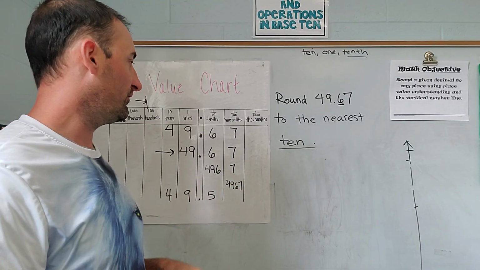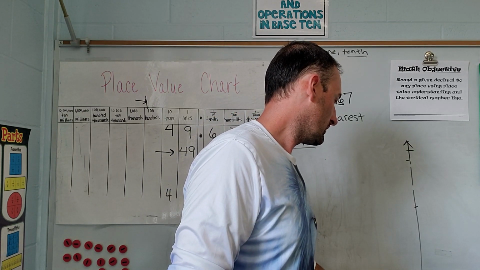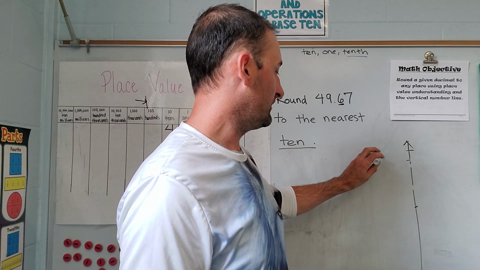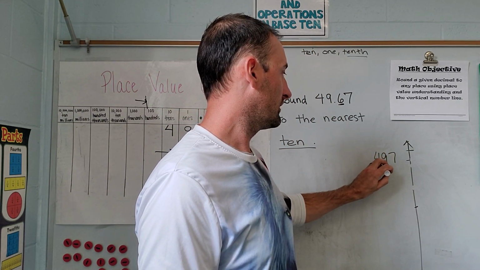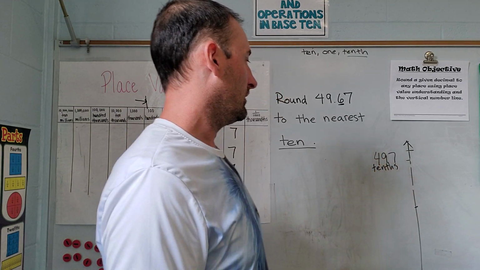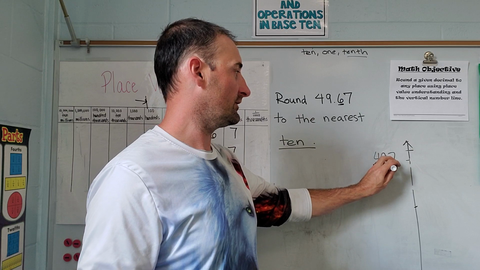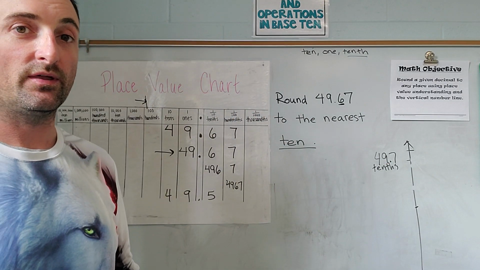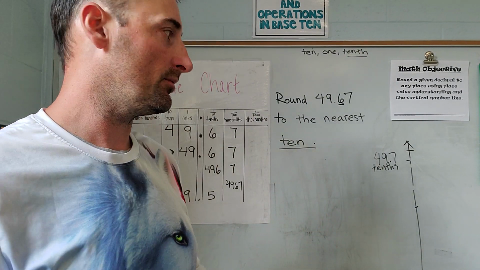So it's going to be between 496 and 497 tenths. All right, 497 tenths is 49.7. 496 tenths is 49.6. I know that. I think you guys probably know that by now, and we kind of looked at that in the last problem.